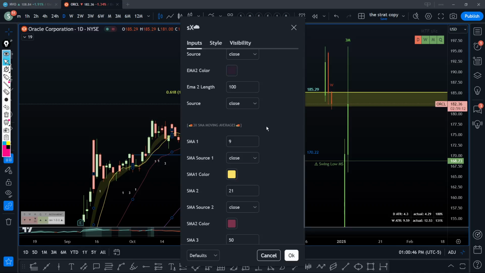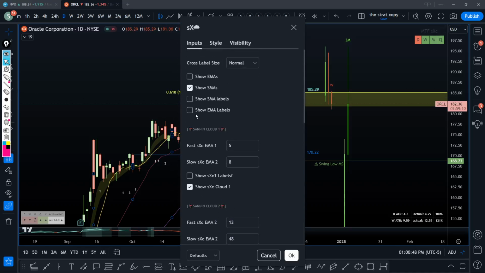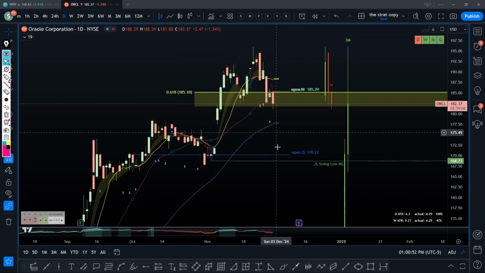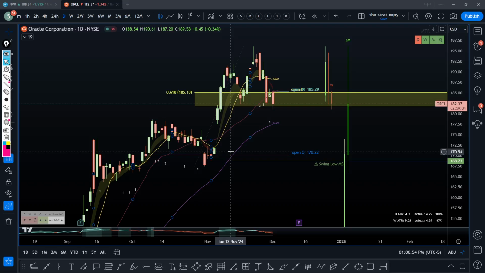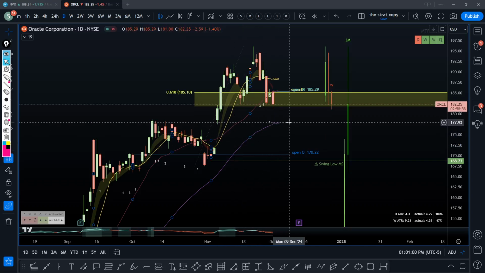Let me just put the labels on there. So at this 50-day SMA, hopefully we could potentially find some support there. If not, like I said, they could be aiming for that swing low of 168.73.